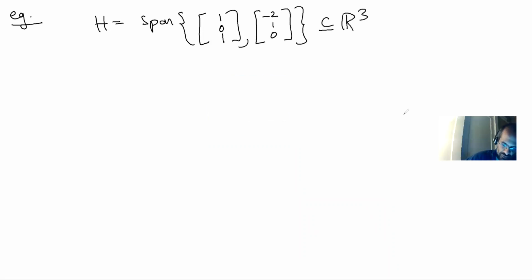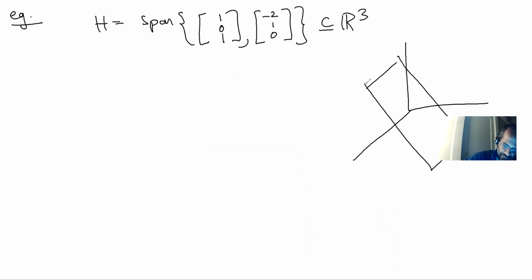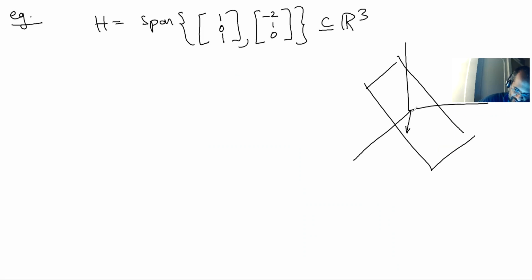Okay, so I'm going to draw a cartoon of this. This looks like some kind of a plane through the origin, right? And inside this plane, there are some two vectors. I mean, that's not a very good picture. Let's call these vectors B1 and B2. These are linearly independent, and they span. So maybe I'll draw them in red. They span this two-dimensional plane.